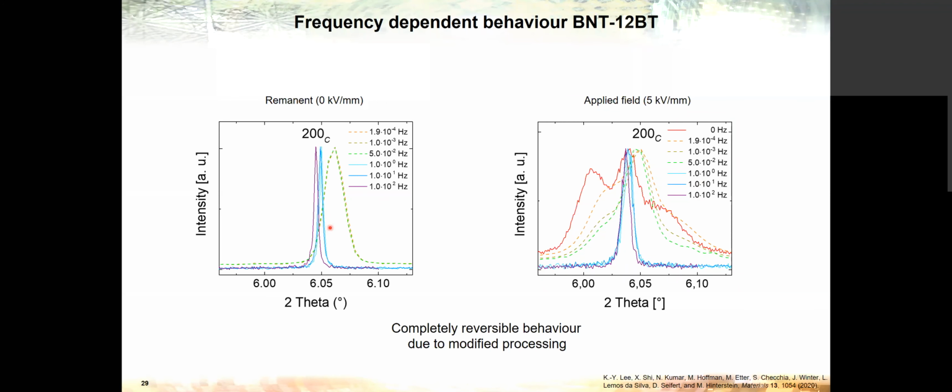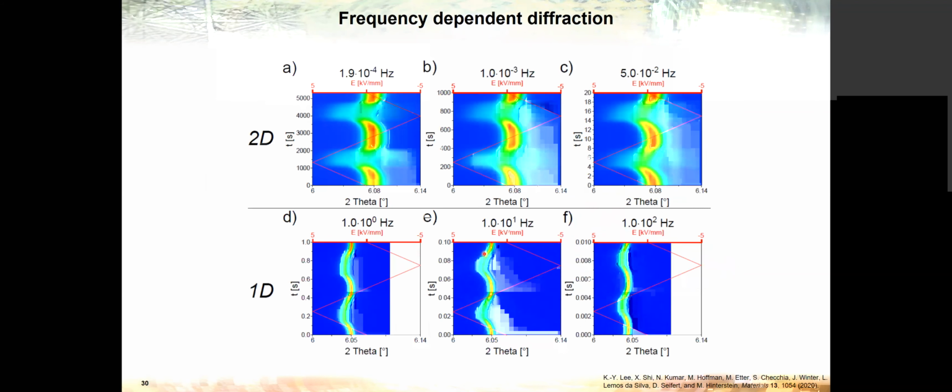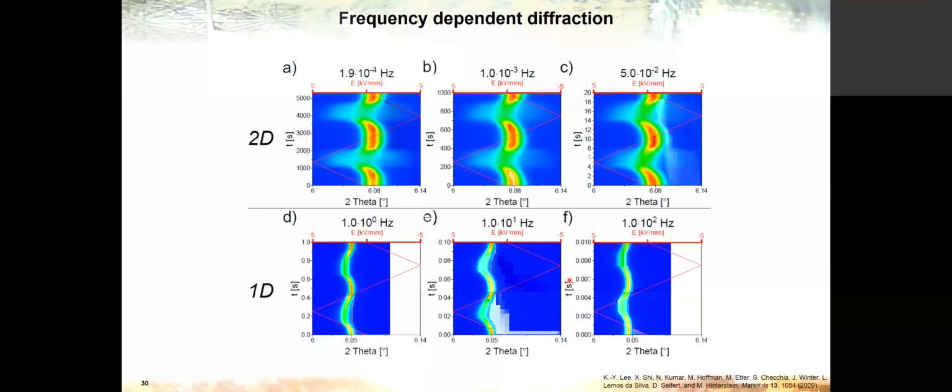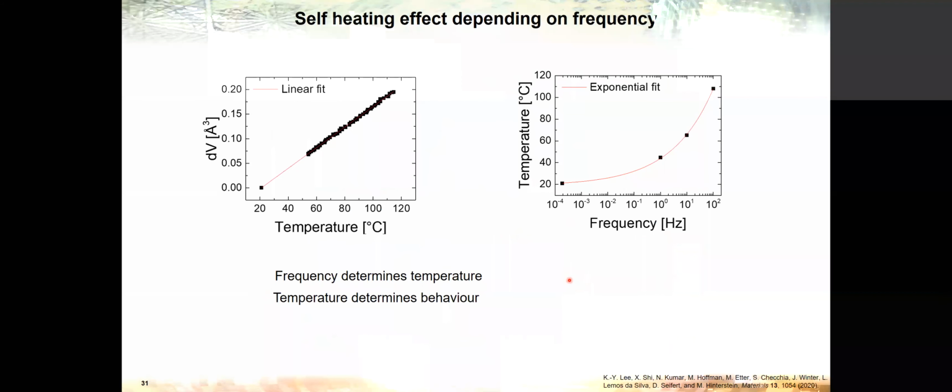This means we have a fully reversible behavior, even though this material should be a tetragonal ferroelectric. So the processing already made a big impact on the electric field induced response. And here you can see it again. We investigated this, as I said, with different frequencies, here with the 2D detector, and then we used stroboscopic techniques to get the different frequencies.